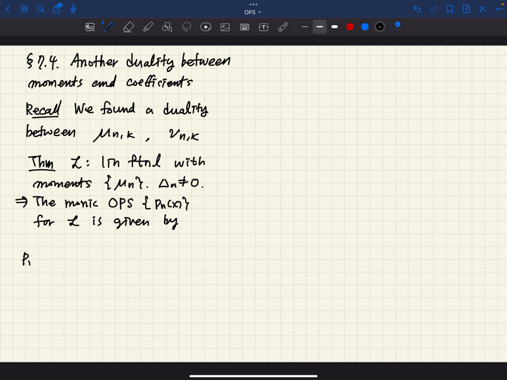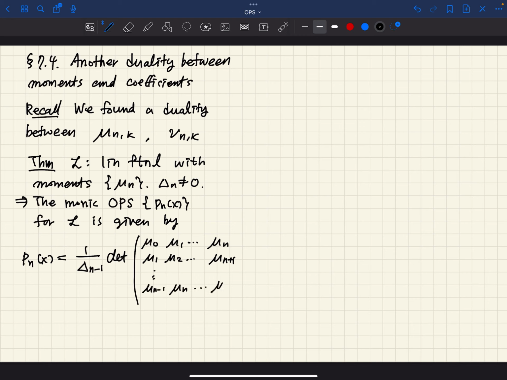P_n is 1 over the Hankel determinant of size n-1, times the determinant of this matrix: mu_0, mu_1, dot dot dot, mu_n; mu_1, and so on. It's just like a Hankel determinant, except the last row is 1, x, dot dot dot, x to the n.